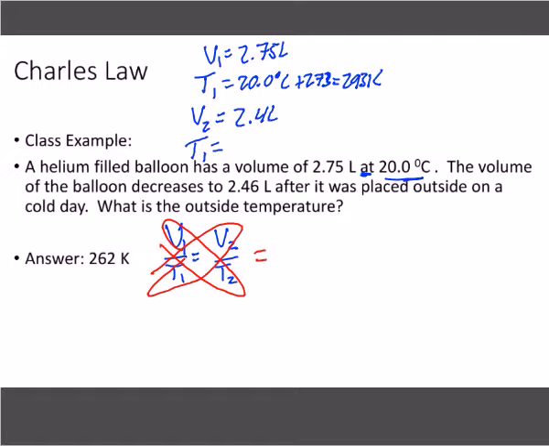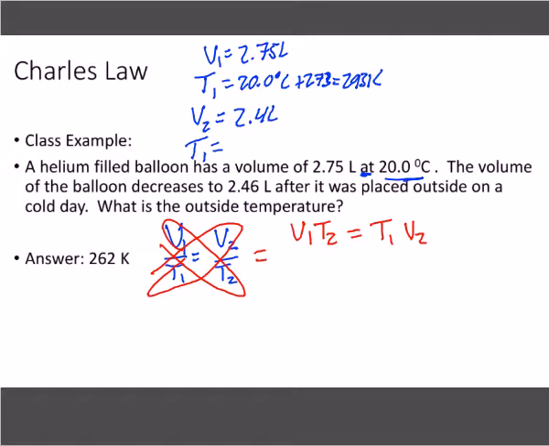So rewrite a new formula. We now have V1 T2 equals T1 V2. Does it matter what order I put these in my new formula? Whether it's T first or V first? No, because it's multiplication. Why didn't they just make that before? Because that doesn't show that direct or indirect relationship. By having it with the fractions, it's showing you the direct relationship.